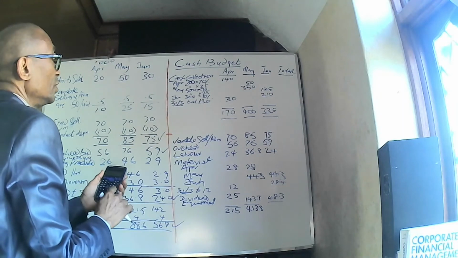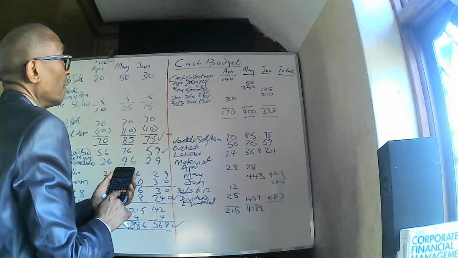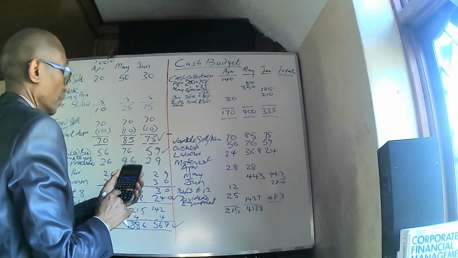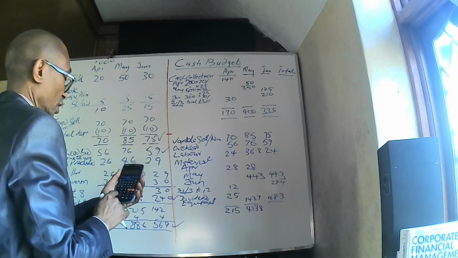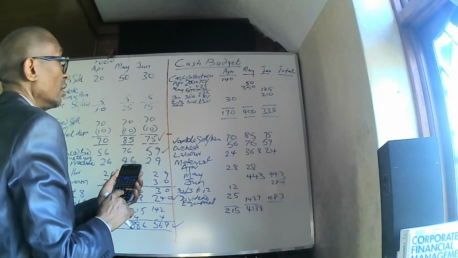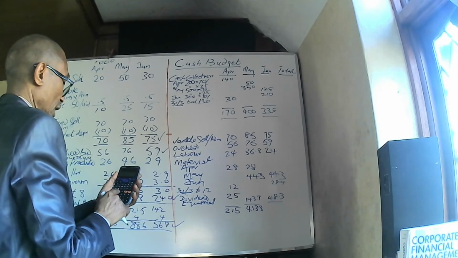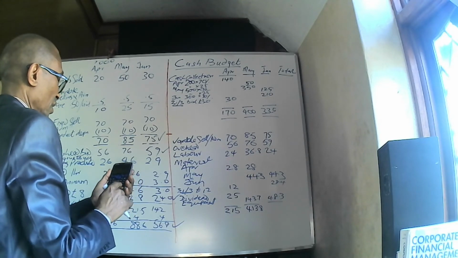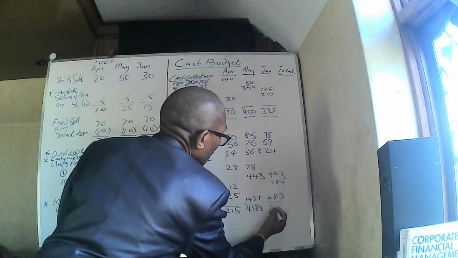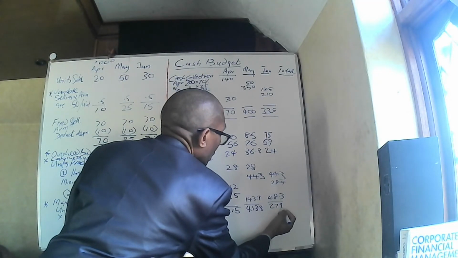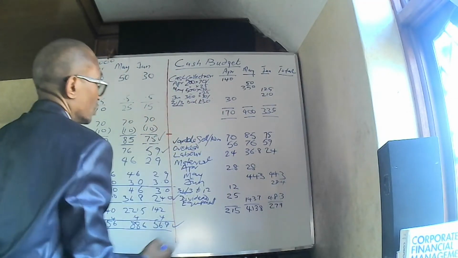Let's see June payment: 75 plus 59 plus 24 plus 44.3 plus 28.4 plus 48.3, which gets 279.9.